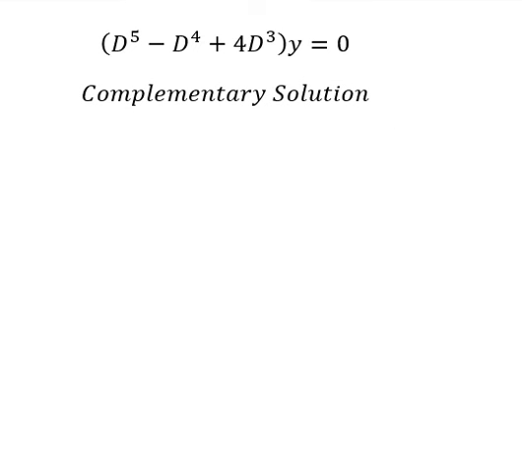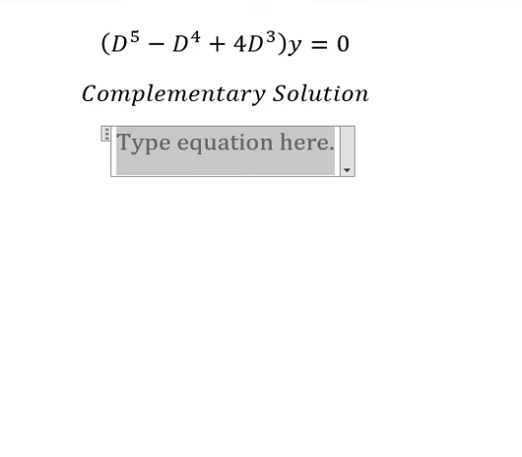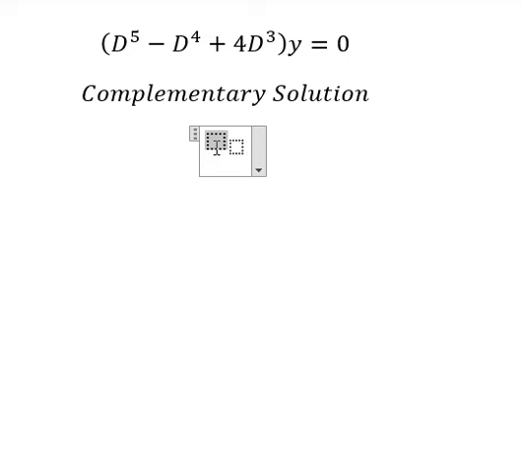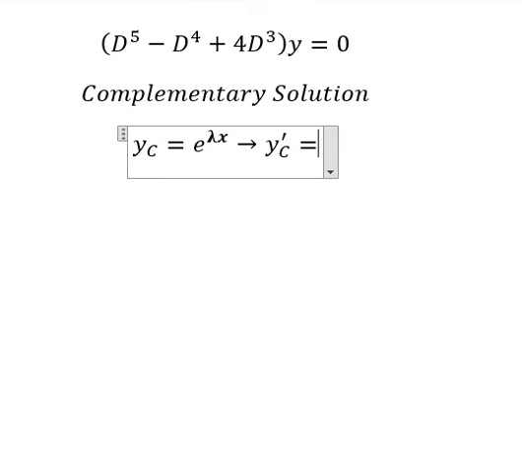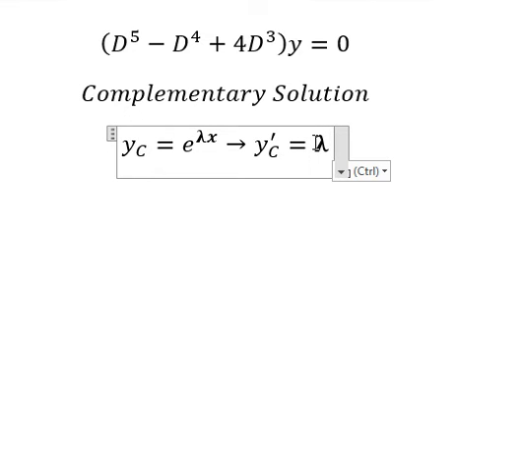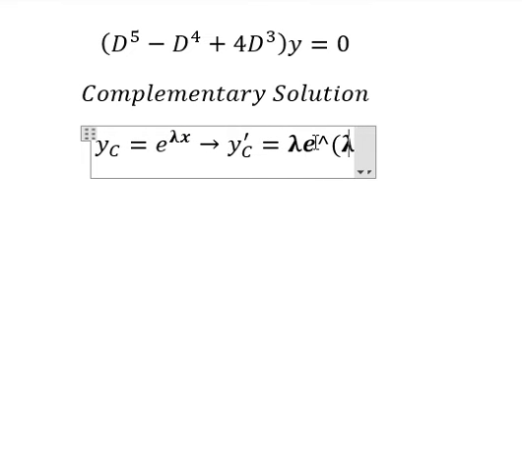So I will put yc equals to e to the power of lambda s. So if I do first derivative of this one, we have lambda multiplied by e to the power of lambda s.